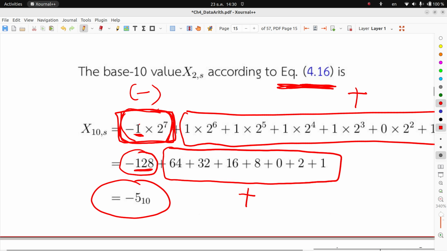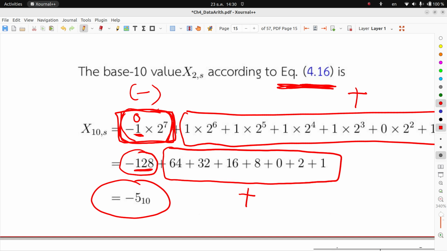If it is 0, everything stays the same, just like an unsigned number. Can you see that? If this bit is 0, the rest is positive. Cool?